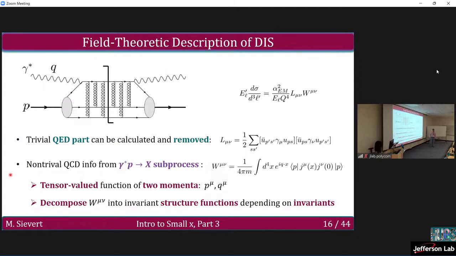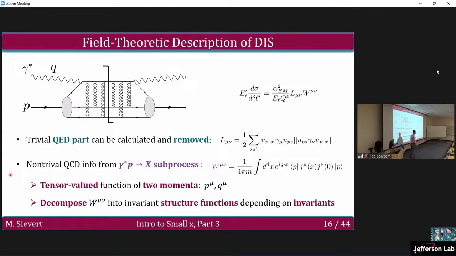Really, for me, the electrons are just a source of photons. And the details about energy that didn't come through the photon is just kind of an inefficiency for me. So I don't really care very much about inelasticity y and things like that. Those are just losses that didn't actually contribute to scattering on the proton. The relevant part of the process is just the scattering of the virtual photon on the proton itself.